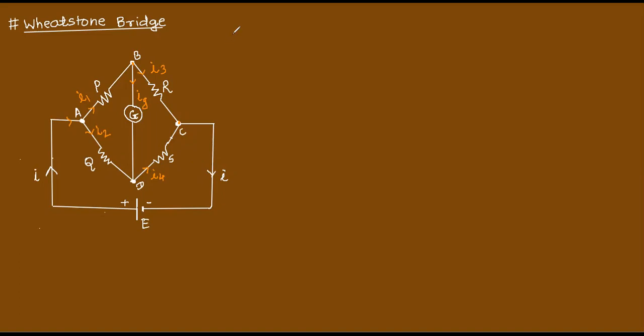So what is there in the diagram? See here, you have four resistors P, Q, R, S, one galvanometer, one battery.